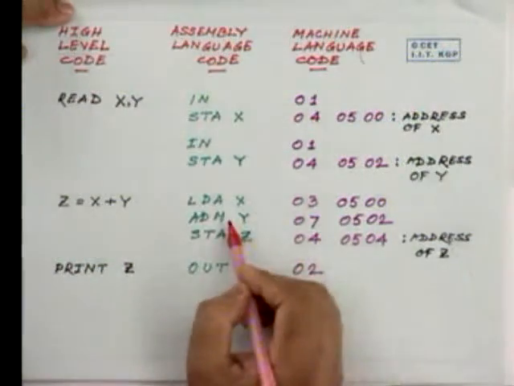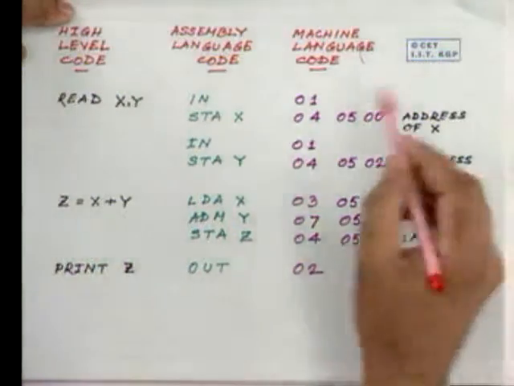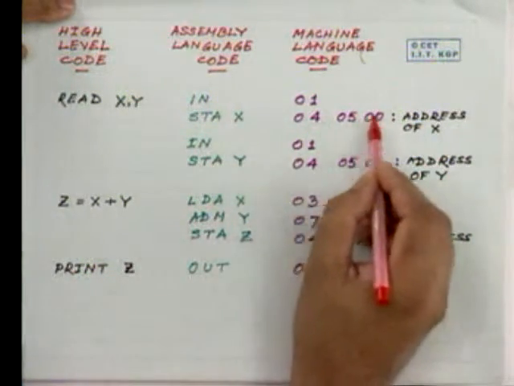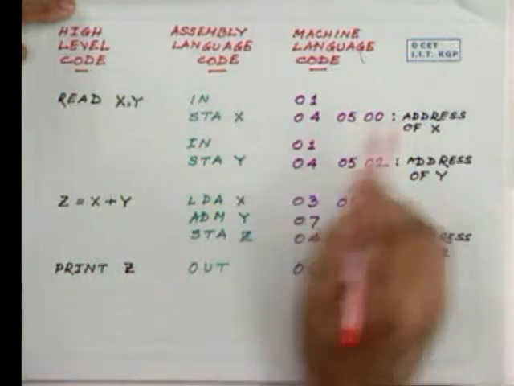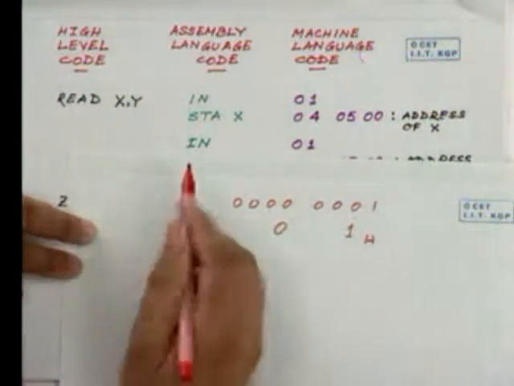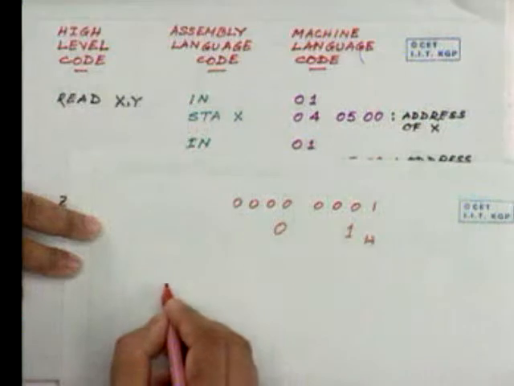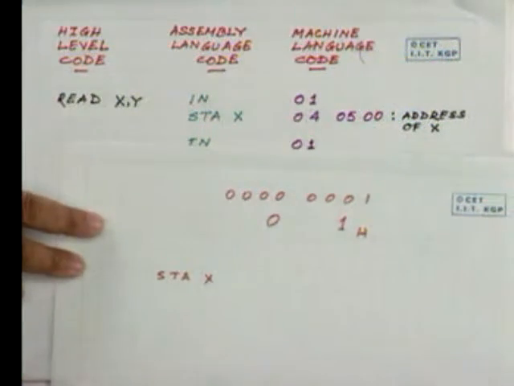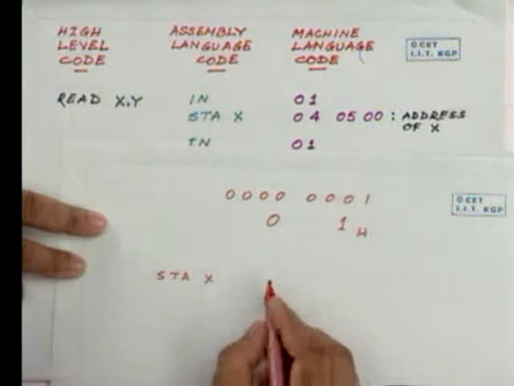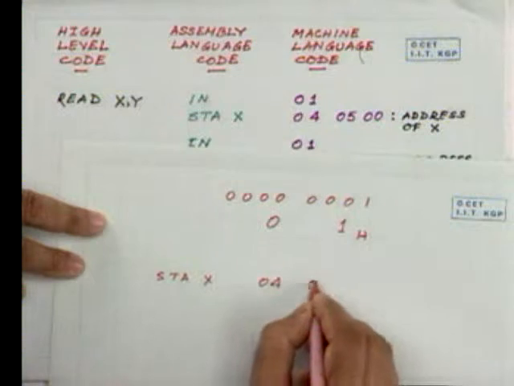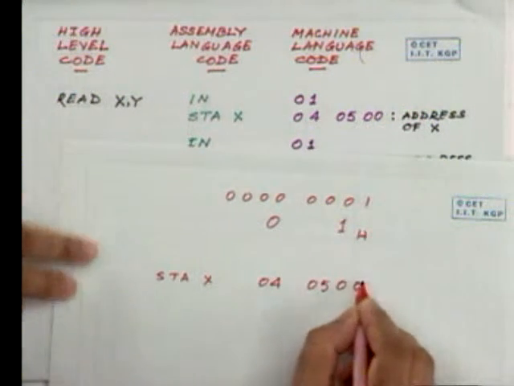Now, why I have shown this is that every instruction has an instruction format. For example, for this particular machine, the instruction for storing the accumulator into x is STX in assembly language code, and the instruction format is 04 and 0500.